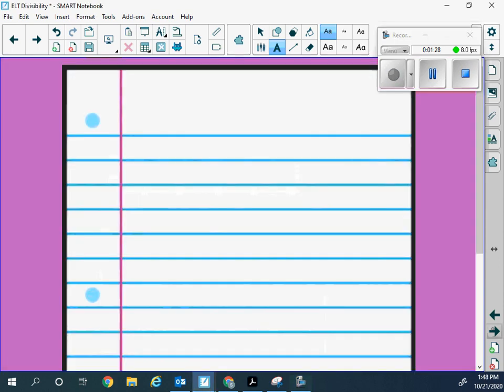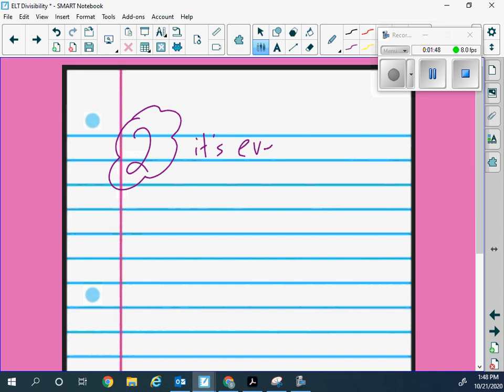I decided to use a clean piece of paper to write with because I thought it would be easier. We're going to start with 2. Does anybody know the rule for 2? How do you know when something is divisible by 2? It's even. That's exactly right. All you have to look at is the ones place.